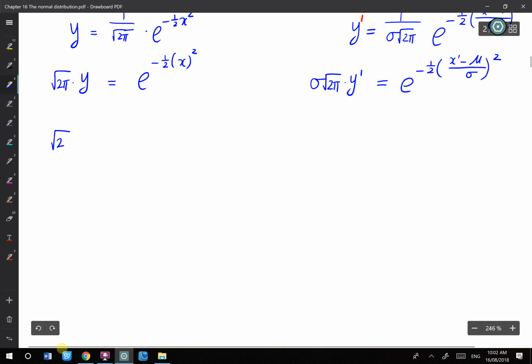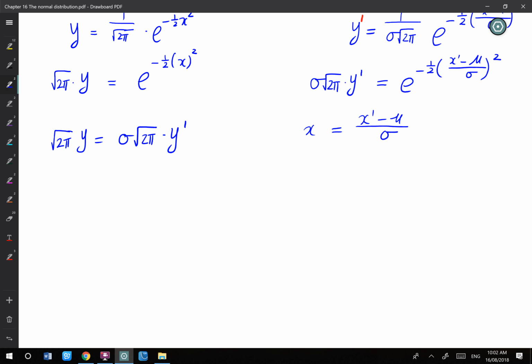Then I will equalize the two sides. X equals x dash minus mu over sigma. Equalize the y side and equalize the x side.